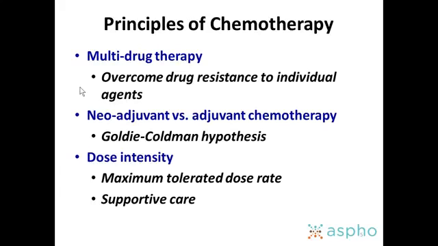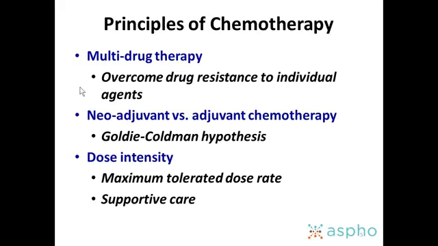For example, if you use VAC chemotherapy, which is used in the treatment of rhabdomyosarcoma, it's the combination of vincristine, which is a microtubule inhibitor, and actinomycin D, which is an antibiotic and intercalating agent, and then cyclophosphamide, which is an alkylating agent. You almost never see two topoisomerase inhibitors, for example, combined together, like using doxorubicin and etoposide, because they have a similar mechanism of action.